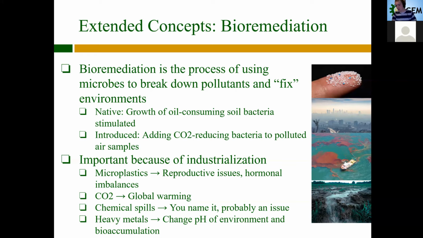These small minnows get a little bit of it, and then the bigger fish eats tons of small minnows, gets a bigger dose, and it keeps going up the food chain till you hit sharks who have tons of mercury in their systems. So we're using bacteria to either fix or do redox reactions with these heavy metals in order to make them more soluble or less mobile. And I included a few pictures. These are the pictures for the microplastics, smog, so CO2, oil spill, and also this is a fertilizer runoff.